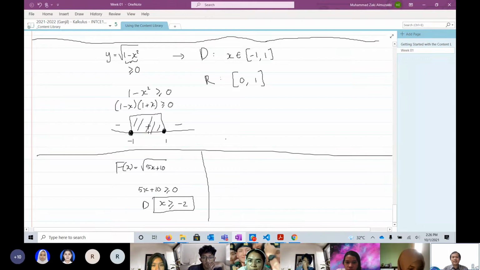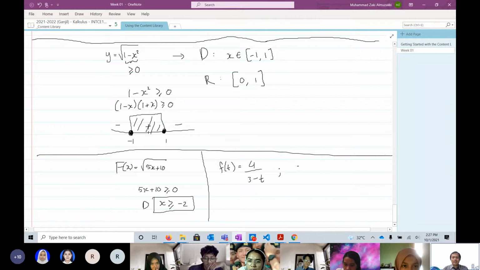Let's see, we have f of t equals 4 over 3 minus t. So what cannot happen in this function? What is the thing that should not happen in this function? The denominator cannot be 0. Yes.